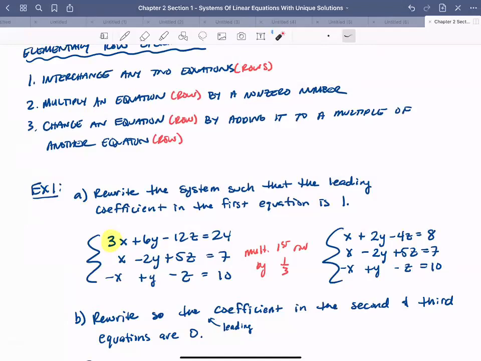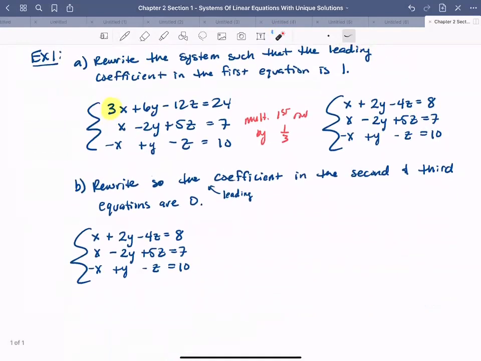We can change an equation by adding it to a multiple of another equation. As a rule of thumb, we like to use the coefficient where we already have a 1. For instance, the first equation isn't going to change. We want to multiply that first equation by a value and then add it to another equation to make what we want happen.